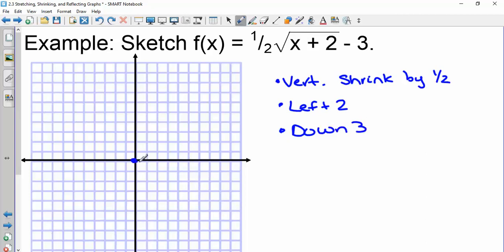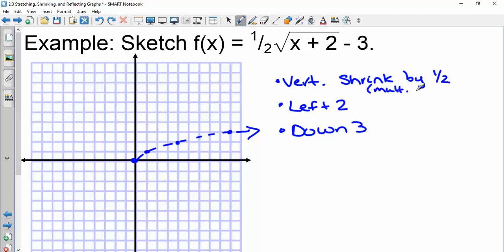Parent functions, square root of 0 is 0, square root of 1 is 1, square root of 4 is 2, square root of 9 is 3. Okay, when we have this vertical shrink, it's outside, so it's y, it does what we think.